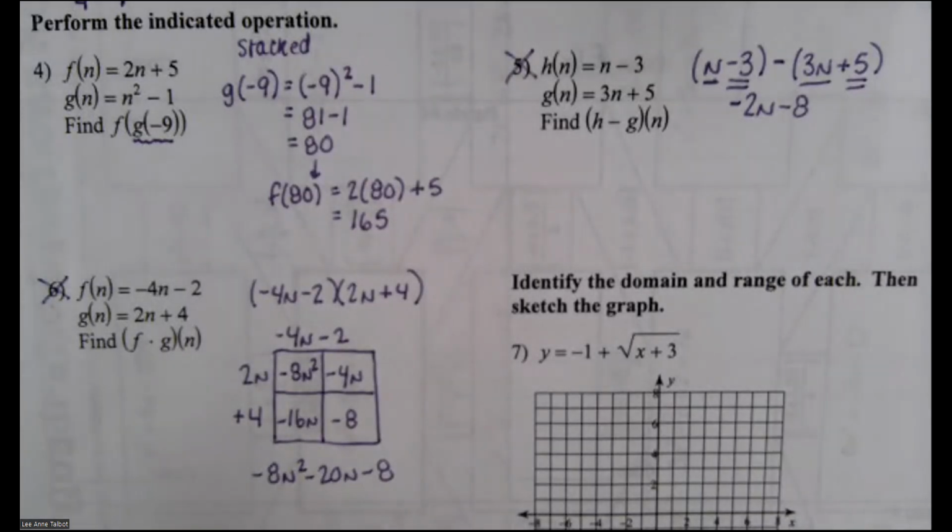Any questions about 4, 5, and 6 before I move on to the square root graph?